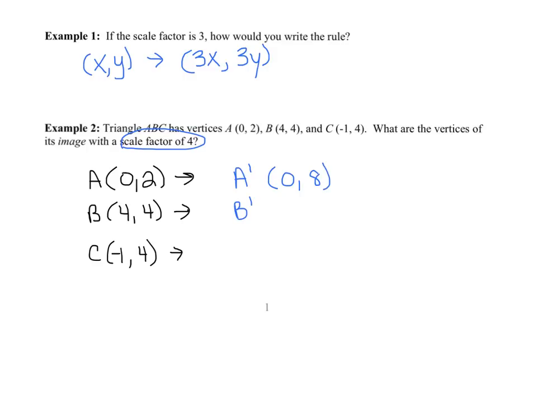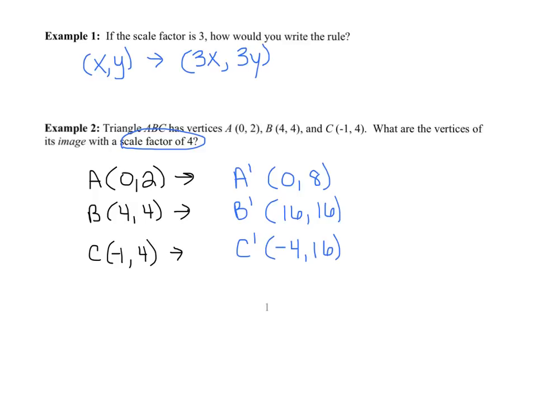Next is B prime. 4 times 4 is 16, and again 4 times 4 is 16, so B prime is 16, 16. Then C prime: 4 times negative 1 is negative 4, and 4 times 4 is 16, so C prime is negative 4, 16.